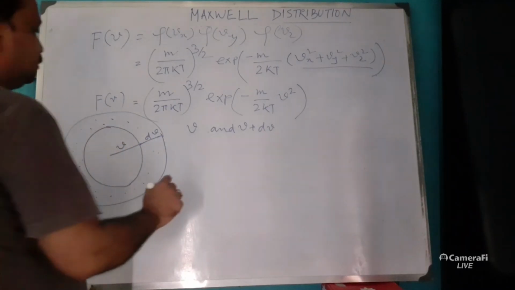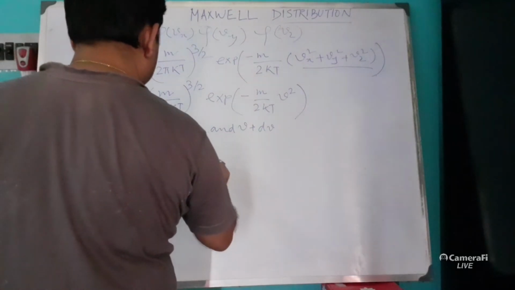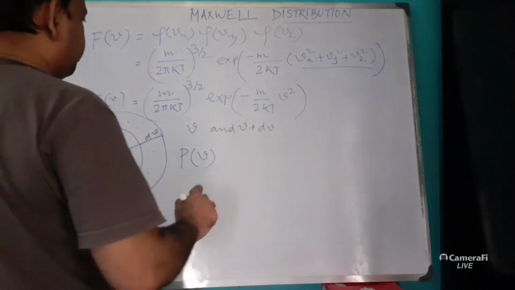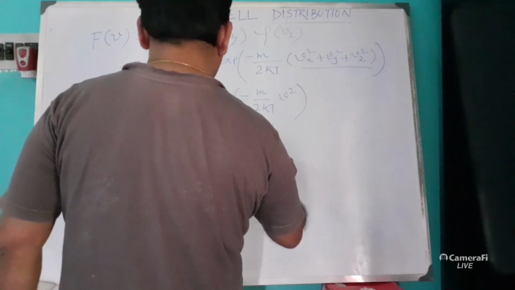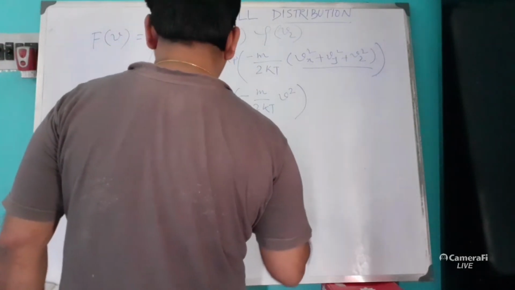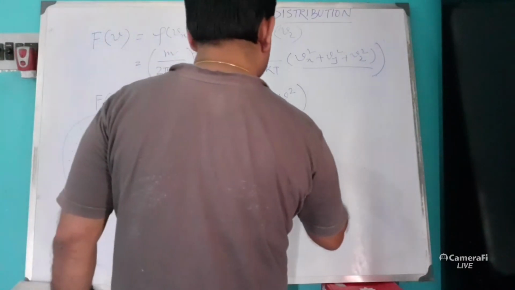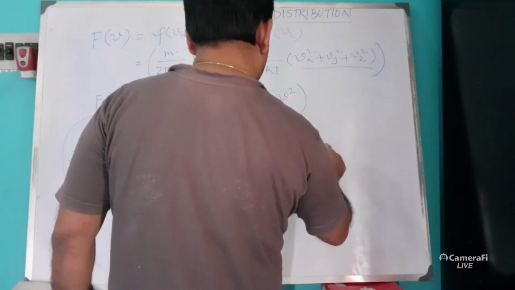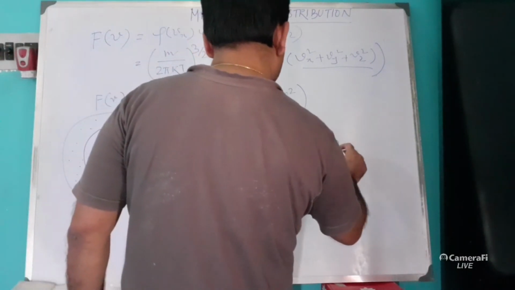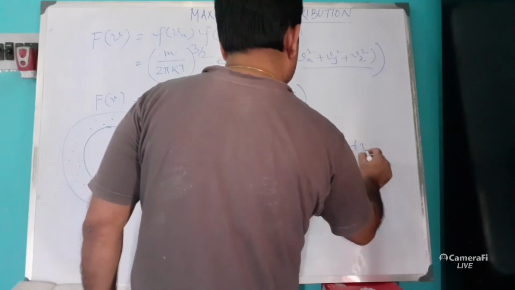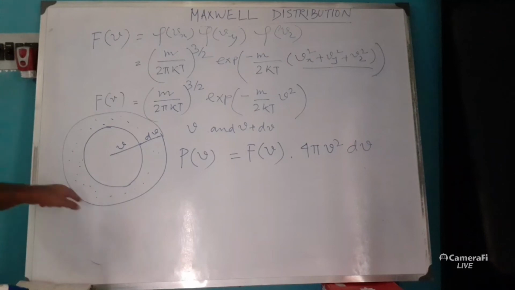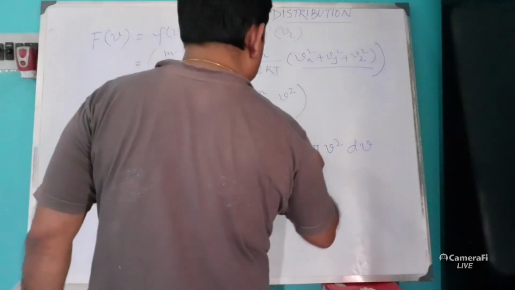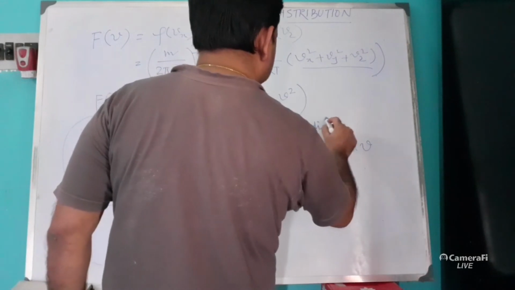So the probability P(v) can be obtained as F(v) into 4 pi v squared dv for the number of particles in this shell, where F(v) is the distribution function.